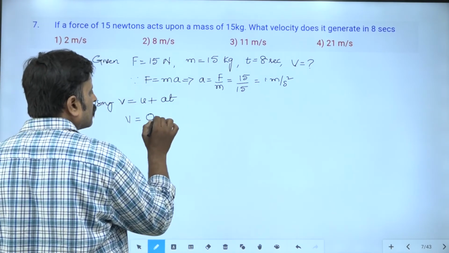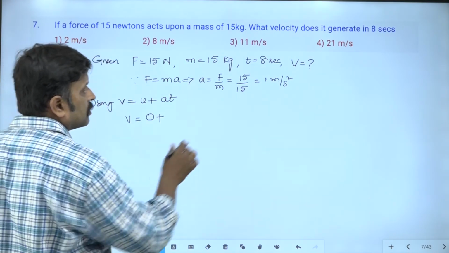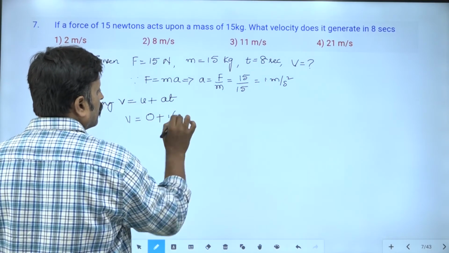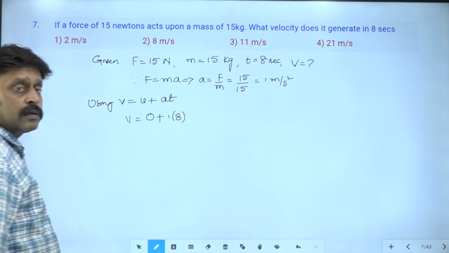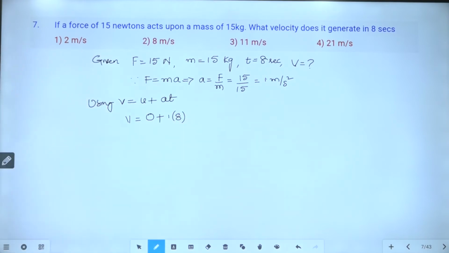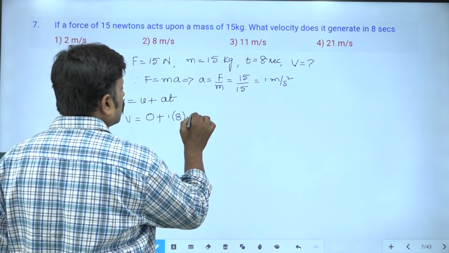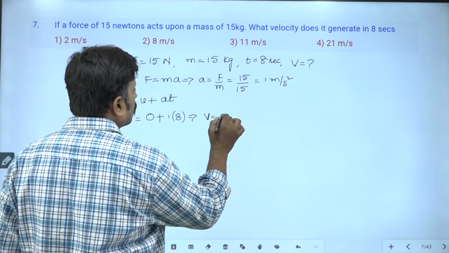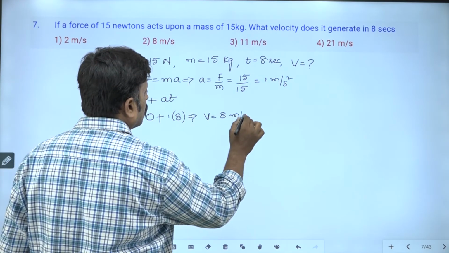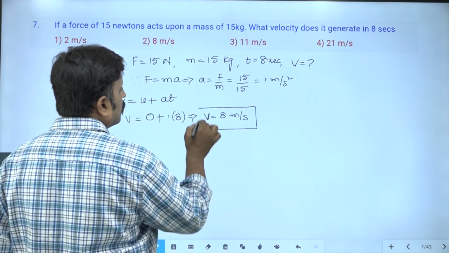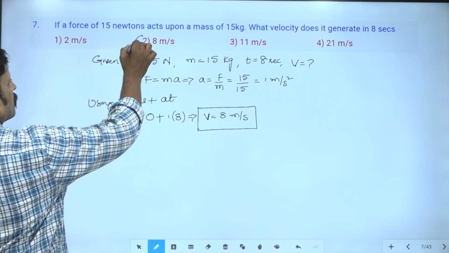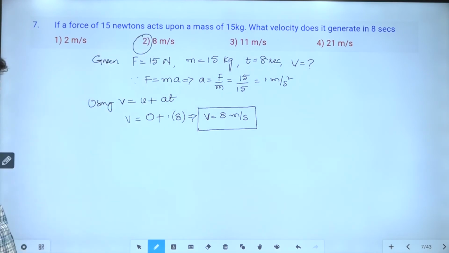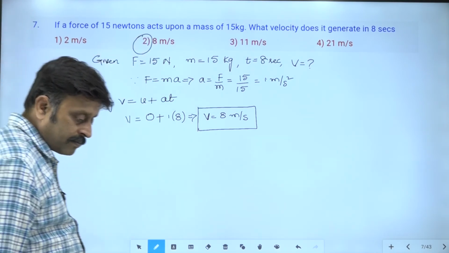So I can write 0 plus acceleration, how much did we get? 1. The time is given as 8. So the required velocity is 8 meter per second. This is the final answer. So where is option 8? The second one is the correct one.